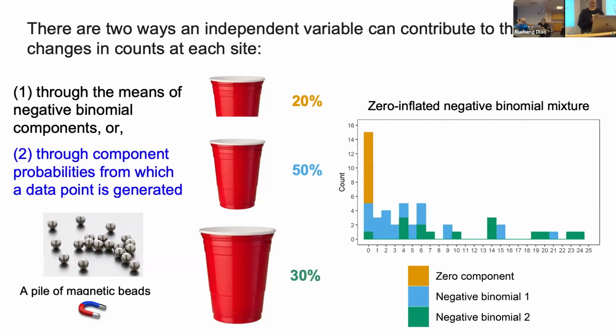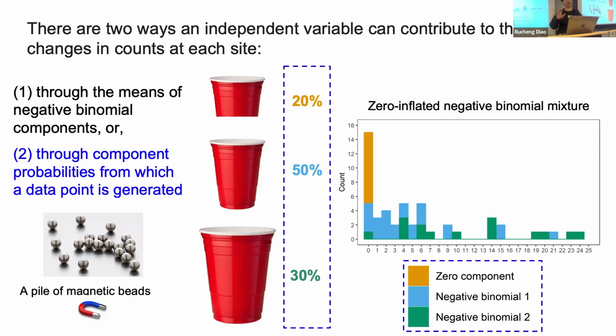And the second way an independent variable can affect the count outcome is through the component probability from which a data point is generated. In our mock example, that would be the probability distribution of which cup you end up grabbing. In this case, if you, for example, have an independent variable that increases your probability of getting the non-functional cup and gives you a zero count, then your spacer count, which is gene expression read count per gene here, is expected to be lower.